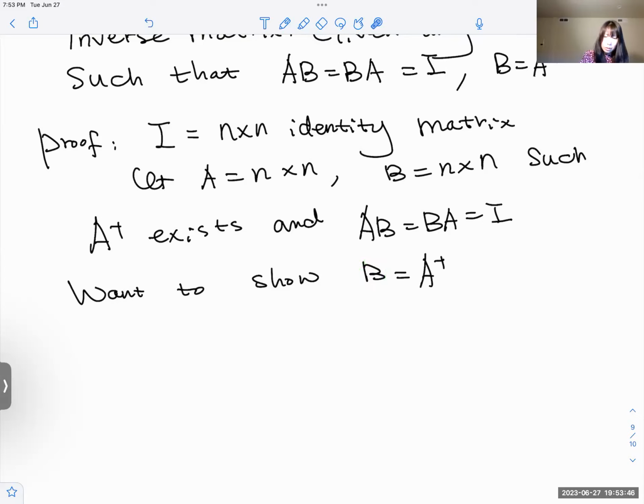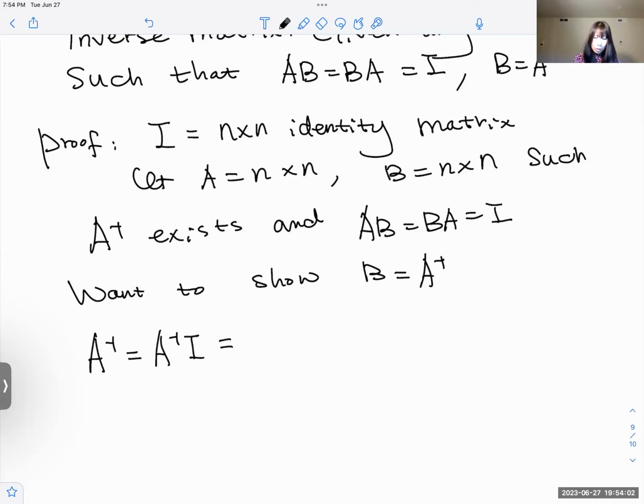So let's start with the inverse of A. We can write the inverse of A times the identity, the same, equal sign, right?